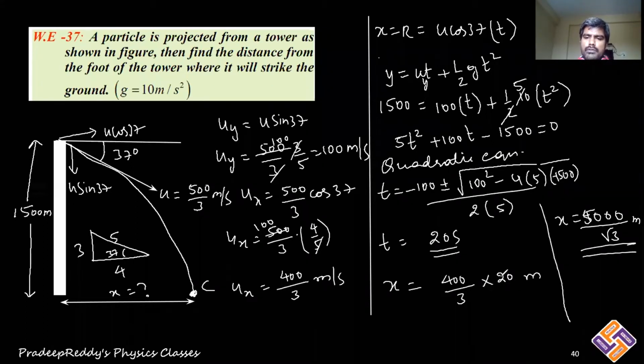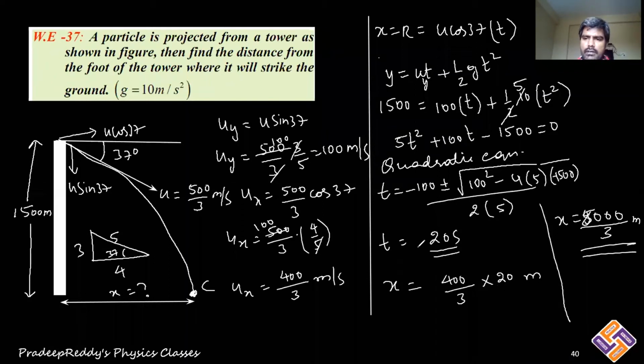So 4 twos are 8; you can take this as 8. 4 twos are 8, 0 0 0 divided by 3, not root 3. This is divided by 3. And this is the final answer: x is equal to 8000 divided by 3 meter.